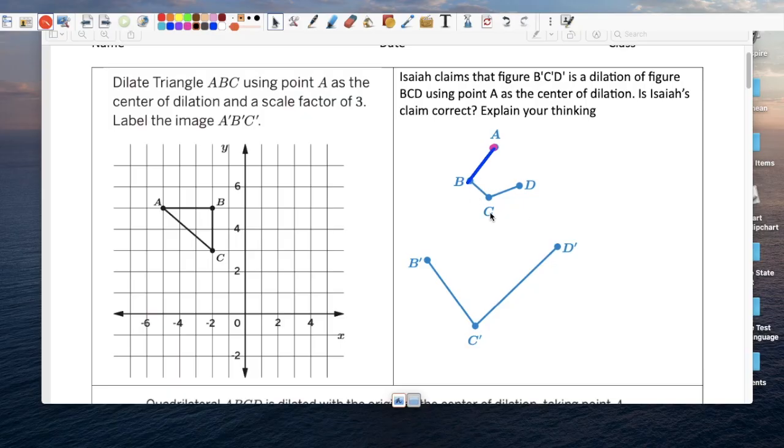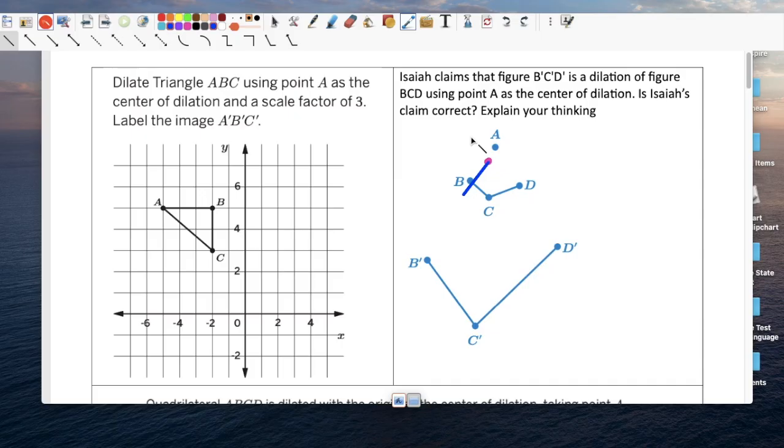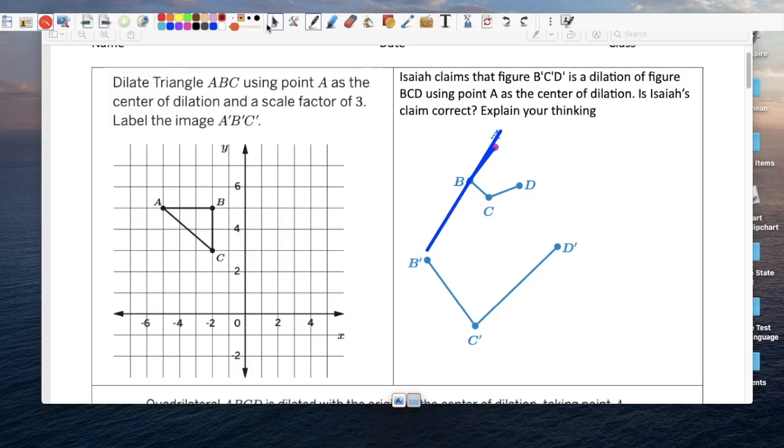So they're saying, and if you were to walk from A to its dilated point, it would be from here to here. Right? Did that original distance, does it look like it's a scaled version of the original one?